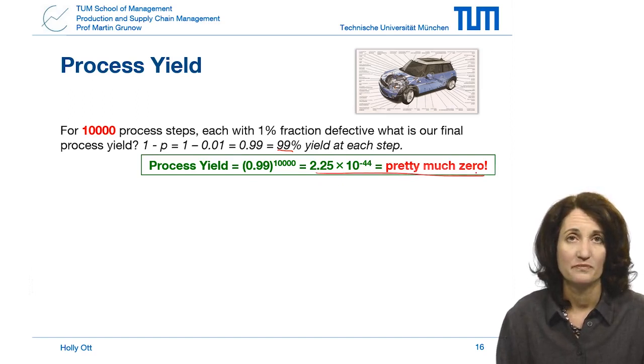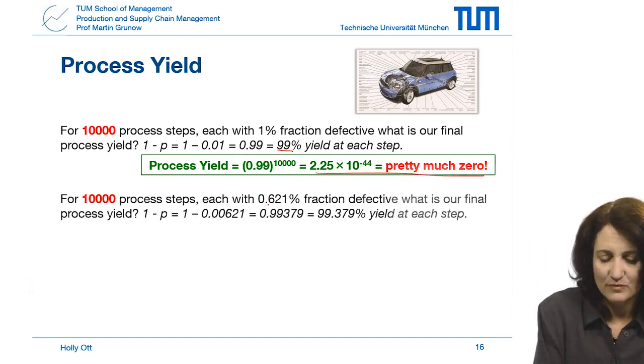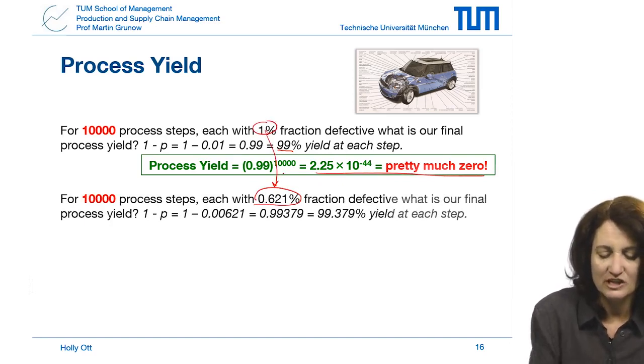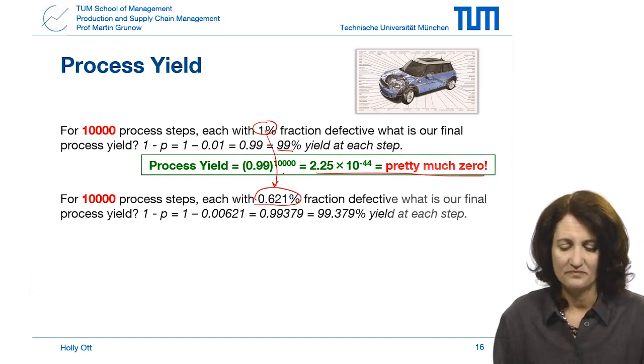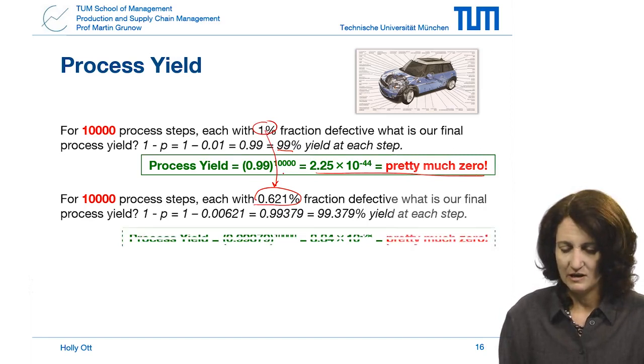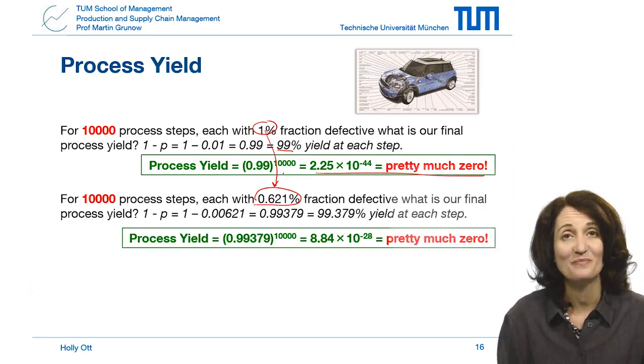What can we do? Let's improve that fraction defective. Let's make it 0.621%. So instead of 1%, we've improved the fraction defective to less than 1%. Well, if we do that, what do we end up with? Pretty much zero. Pretty much nothing comes out of our process.